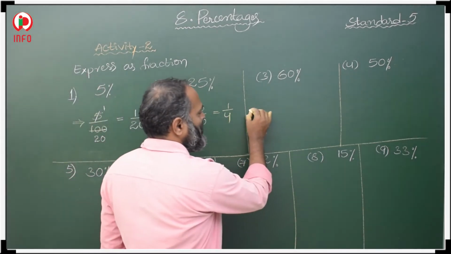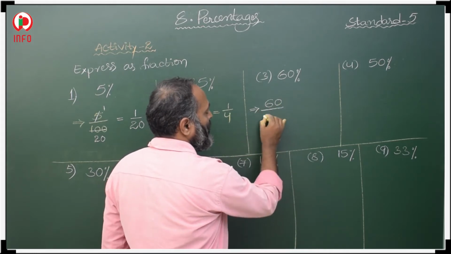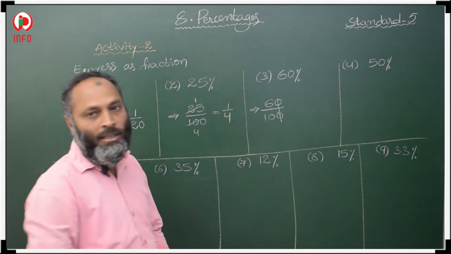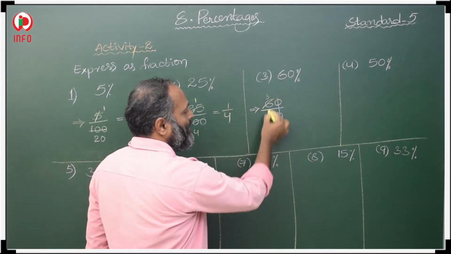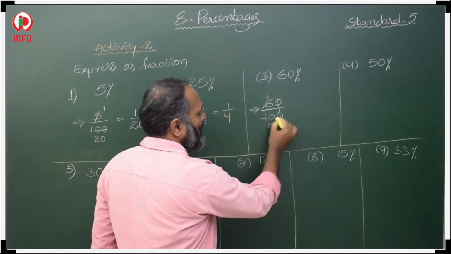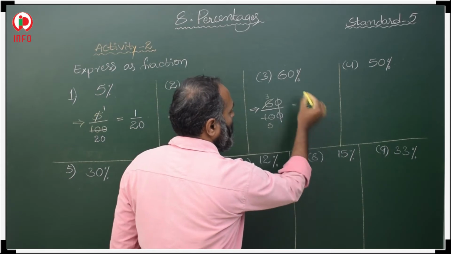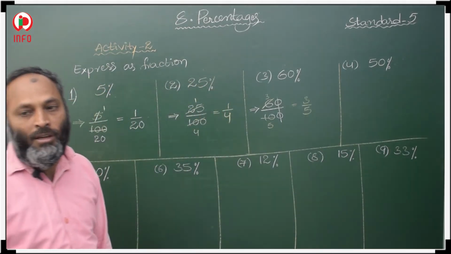Now 60% in fraction: 60 by 100, the zeros get cancelled. Then 2 threes are 6, 2 fives are 10. It is 3 by 5. 60% in fraction is 3 by 5.